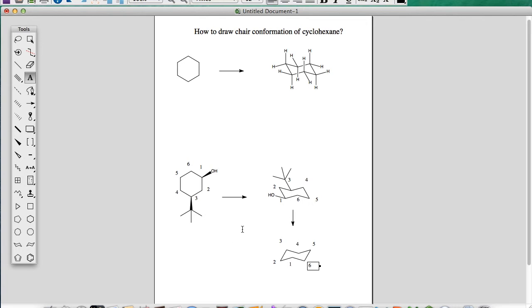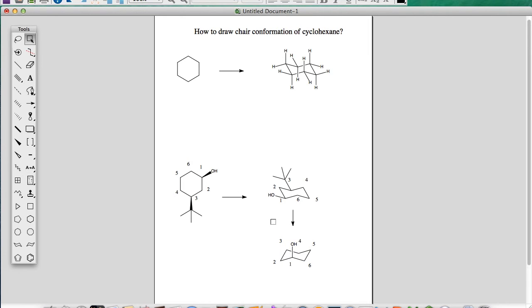And then we're going to put on the substituents, the hydroxy group first. We have up and down opportunities, so we'll put it up here. It is axial.